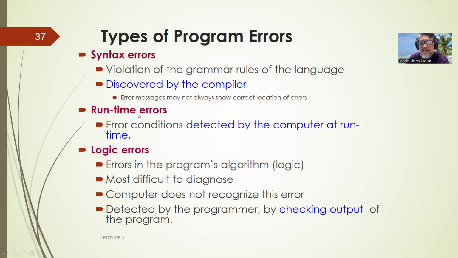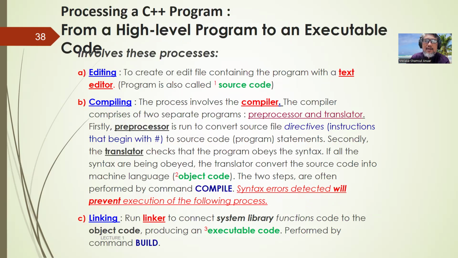But syntax errors and runtime errors are very common types of errors that we see. And then processing a C++ program from high level to executable code involves these processes: editing, to create or edit a file containing the program with a text editor.